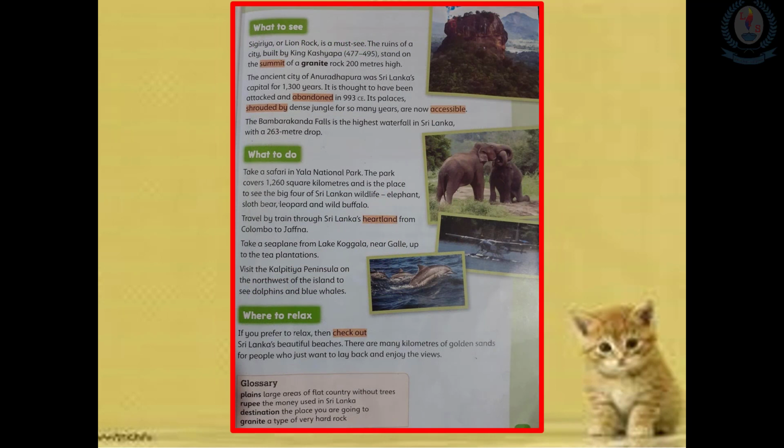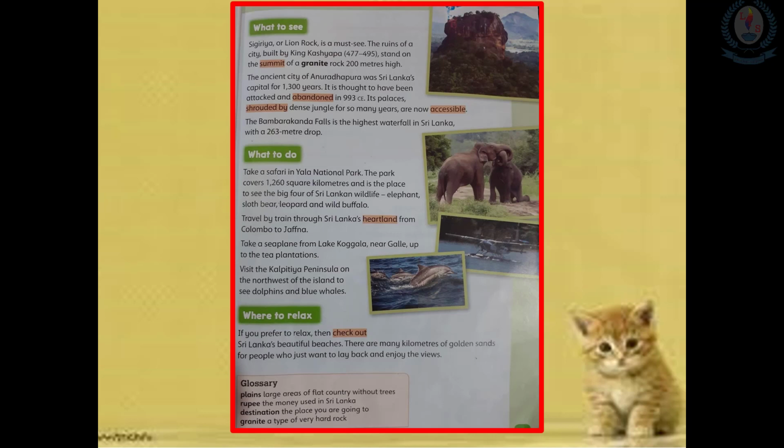Now I am on page number 63. This page is about what to see, what to do and where to relax. First, we are going to focus our attention on what to see. There are some pictures as well. There's a picture of a sea grave rock.